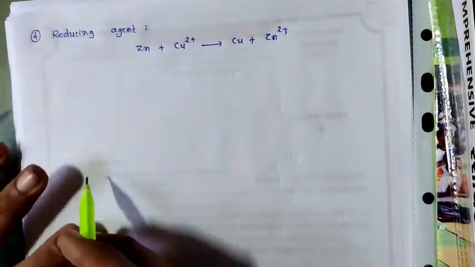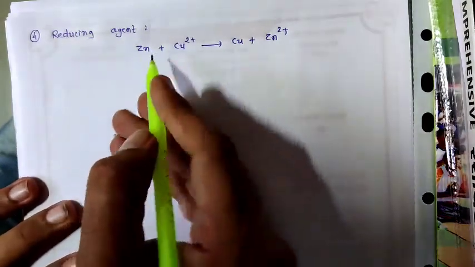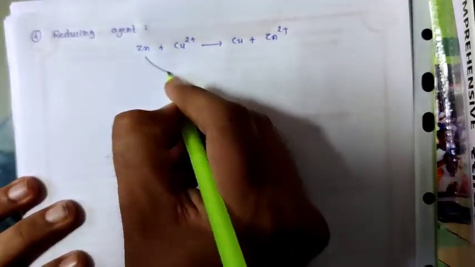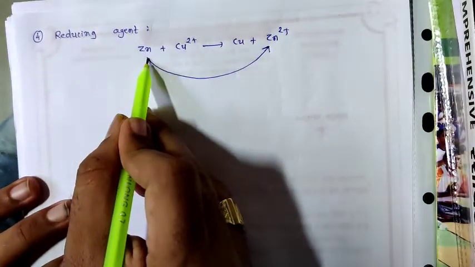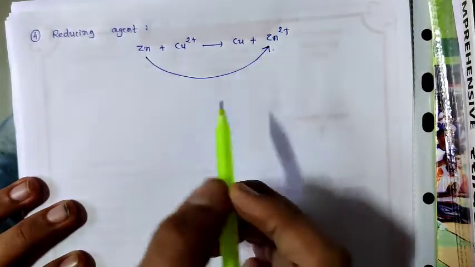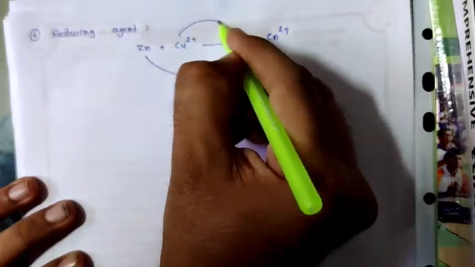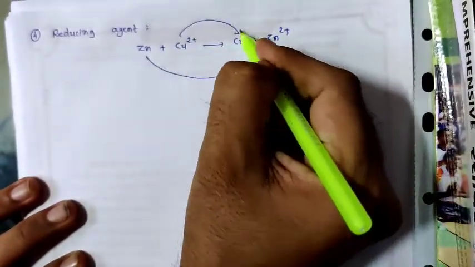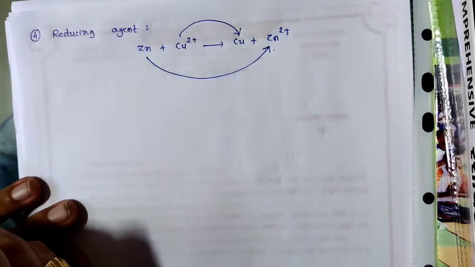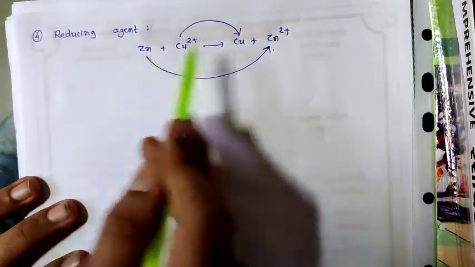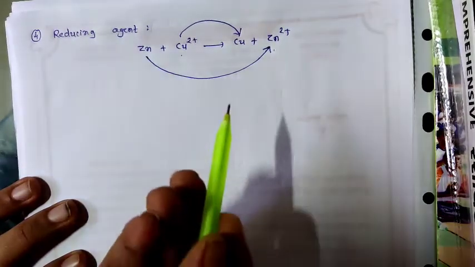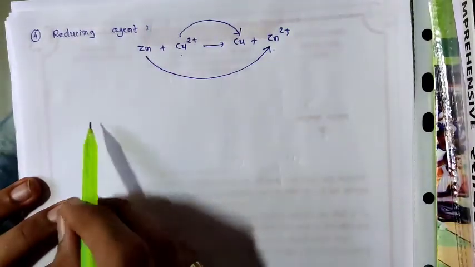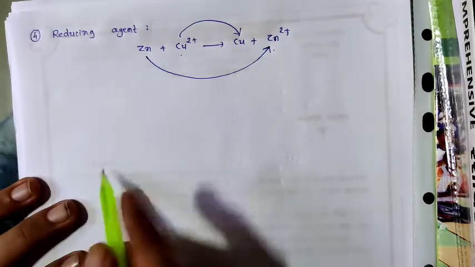Here one substance loses its electron. Just see, zinc loses its electron and converts into Zn2 plus, while Cu2 plus gains this electron and converts into copper. So zinc is a loser and Cu2 plus is a gainer. The loser is known as the reducing agent.